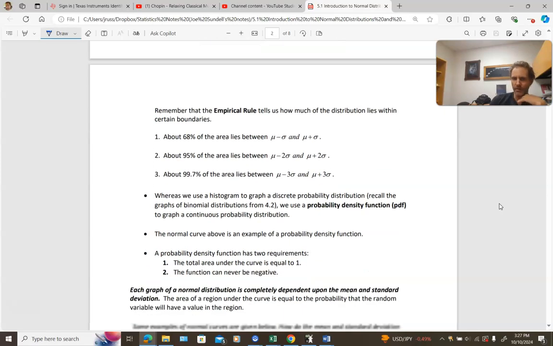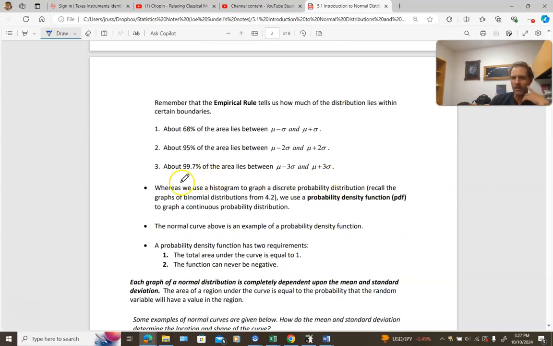All right, and then a few other things we'll say. So if you remember, we use histograms to graph those discrete probability distributions, and it's because they were discrete. There weren't infinitely many values of x, right? We saw some that had like 5 or 6 values of x. So to show the associated probabilities with those values of x, we use bars. But when x can be infinitely many values between a starting and ending point, or an interval, then we don't get bars.